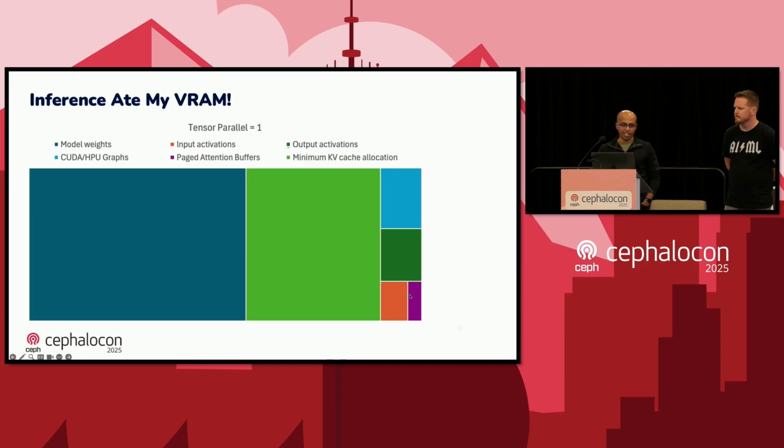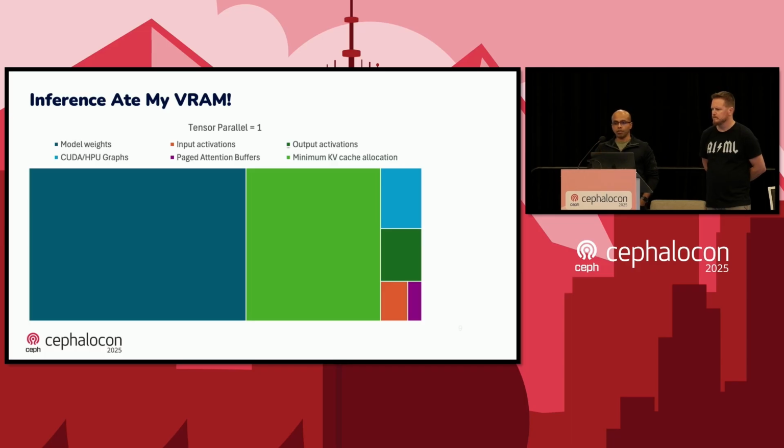So let's look at what's left. You've got your HPU graphs, which are essentially the blue, and then a tiny bit of paged attention buffers. The only thing you're left with is the dark green sliver, which is the minimum KV cache that you need. It's not your ideal cache size.